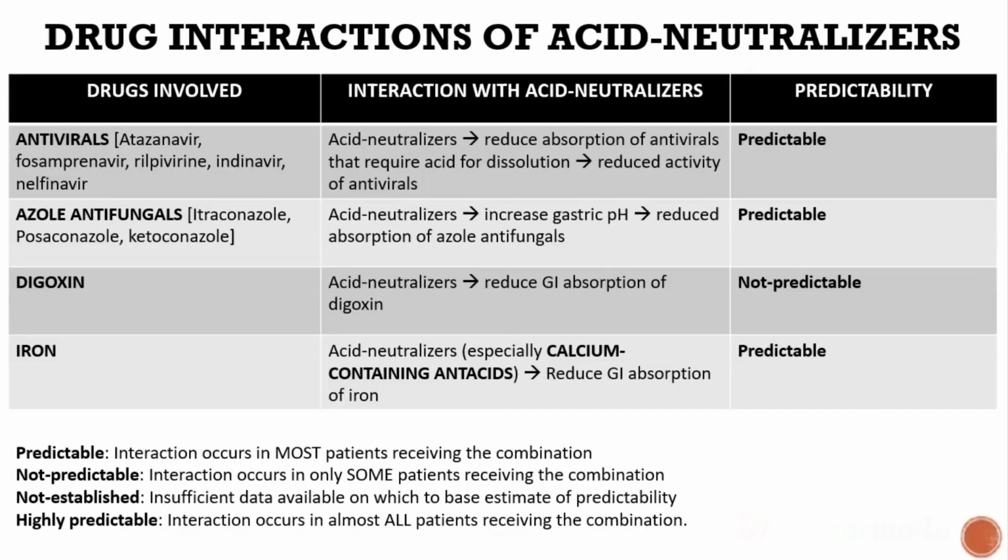And obviously, in an HIV patient, if a particular antiviral medication is showing low efficacy, it will definitely signify an increased risk of resistance. HIV resistance is a very big matter of concern for the global population. So the predictability has been mentioned as predictable. This interaction has occurred in most patients receiving the combination, so we have to be very careful with this.